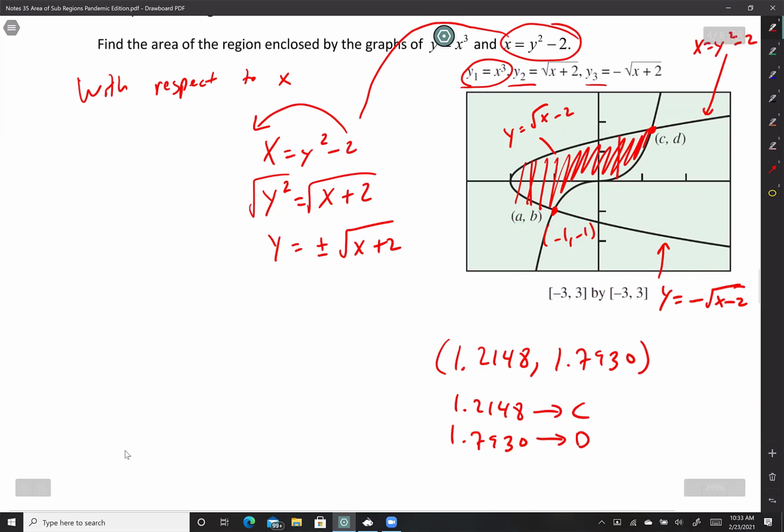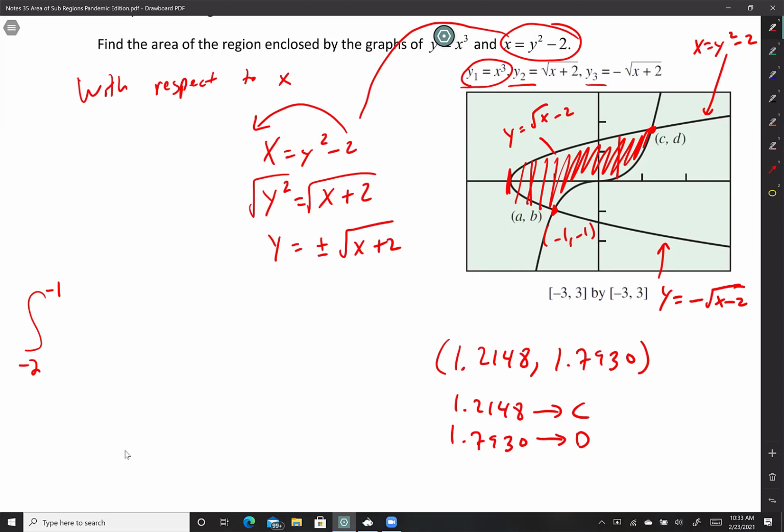Okay, here we go, guys. I'm finding my area. Don't worry about that. Integral from x value -2 to x value -1. You have to do it in 2 regions, guys.